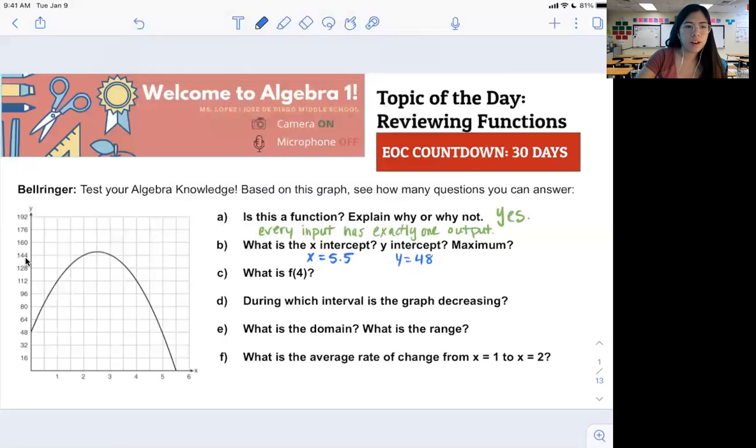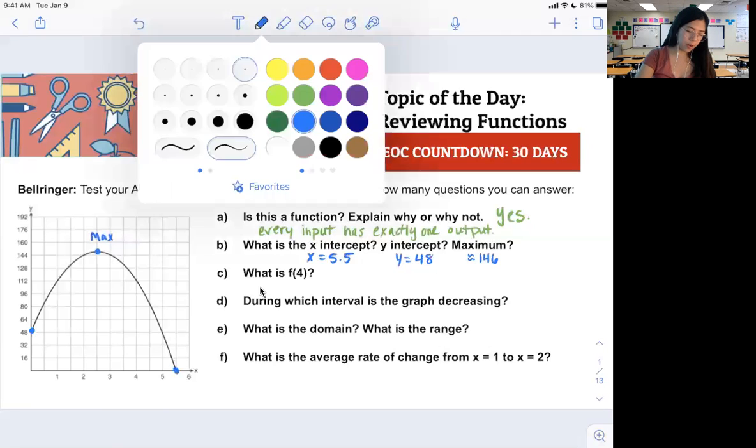It's a little bit more than 144. So 146 is a pretty good guess. Okay, so again, example B, we've done this pretty recently, so hopefully we don't have too many questions about that. Here's my maximum, y-intercept, x-intercept.